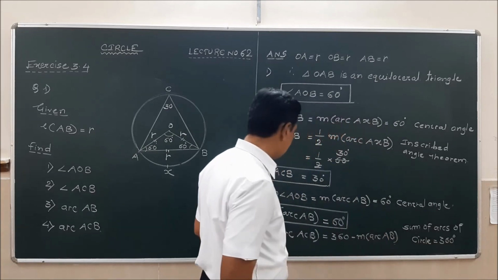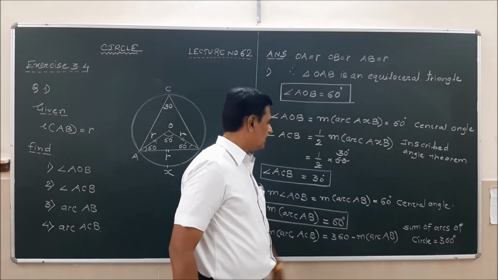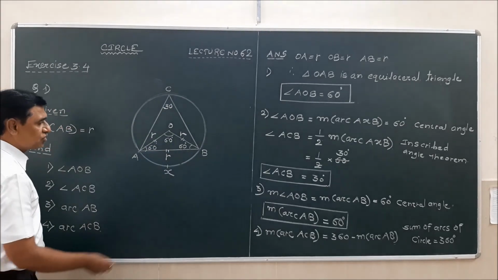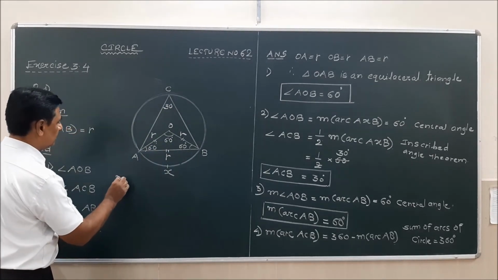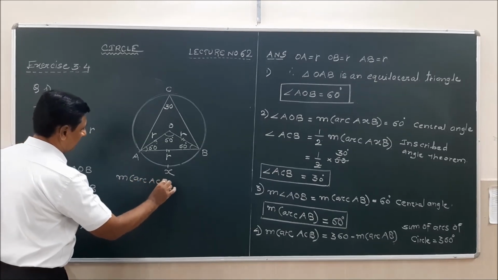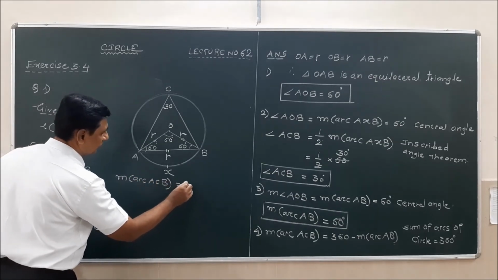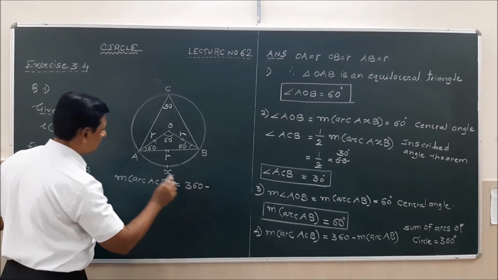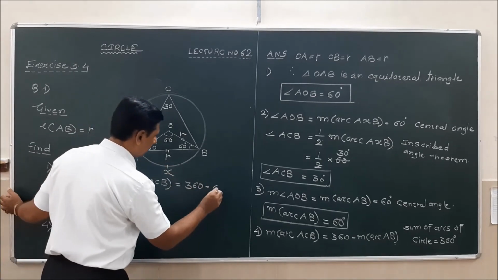So what do I write now? Measure arc ACB is equal to 360 minus measure arc AB. So measure arc ACB, I am going to continue, is equal to 360 minus 60.